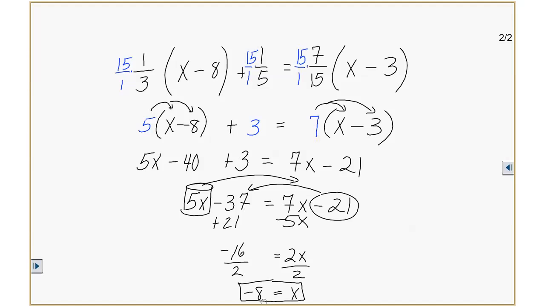All right, now let's try one with fractions everywhere.